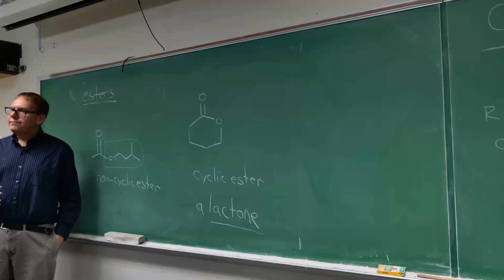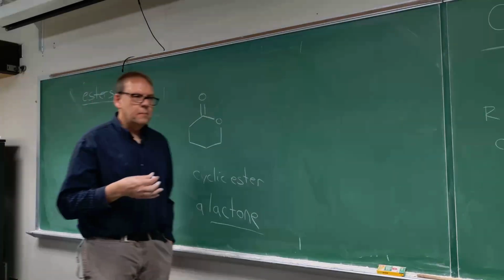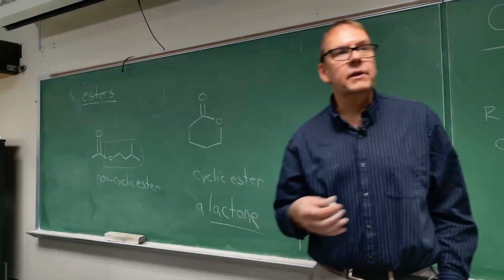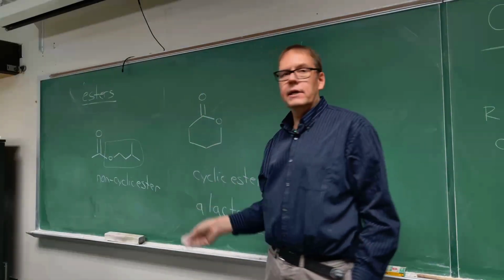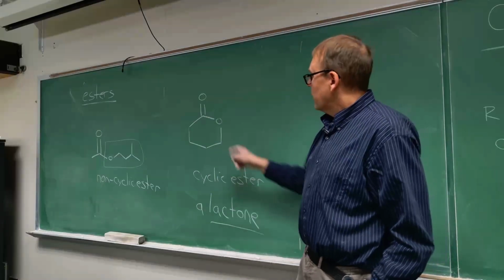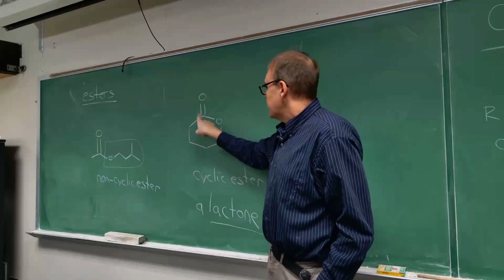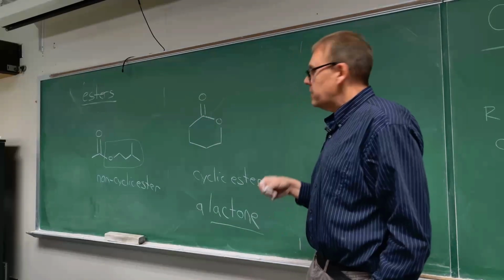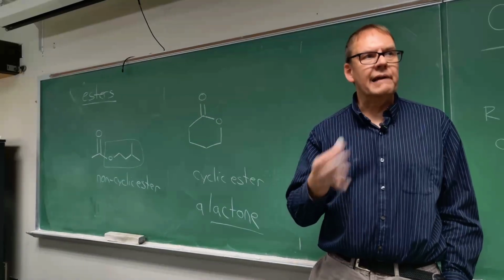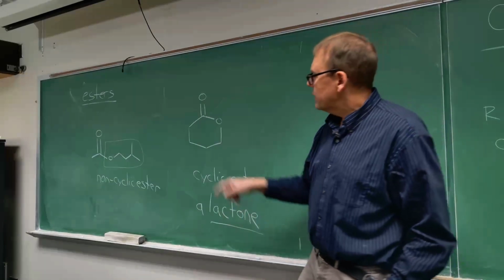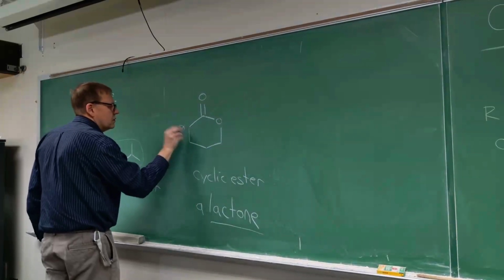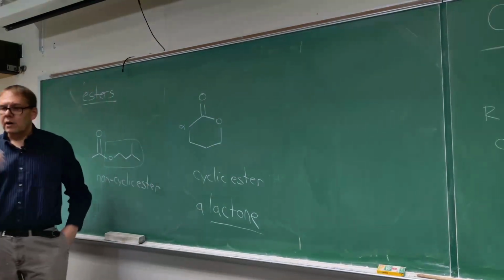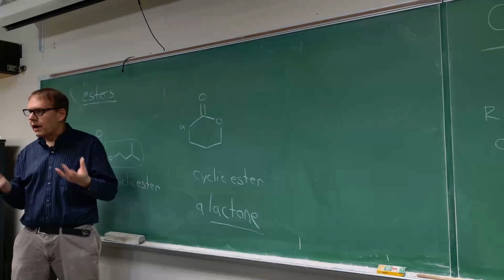And you can classify them a little bit more specifically by their ring size. In other words, how big is the ring that contains the ester? It's got to be the ring that contains the OR group and is attached to the carbonyl. So the way that people do this is they give the carbons Greek letter labels. You look at the carbonyl carbon, and then you say the carbon next to it is the alpha position. We did that when we were talking about carbonyl chemistry with aldol condensations.